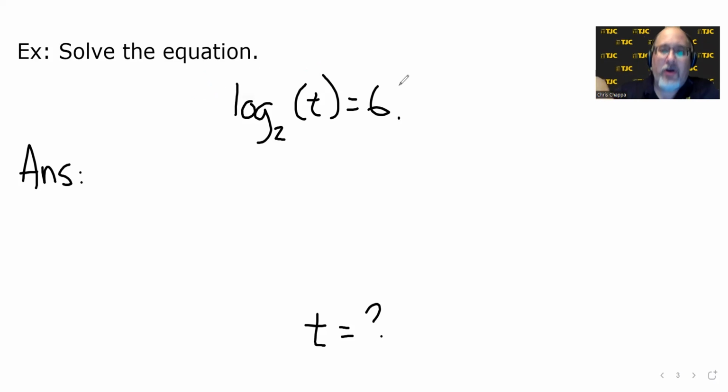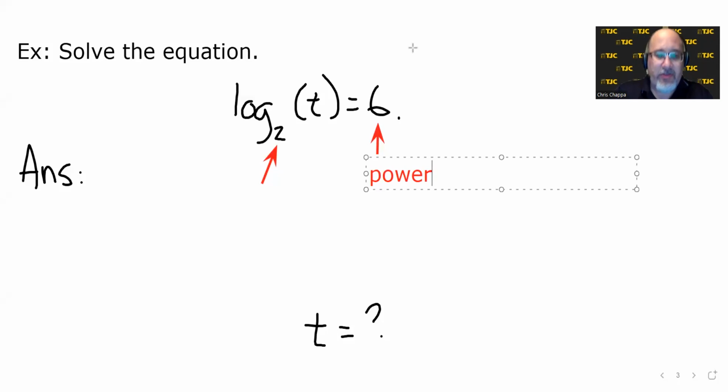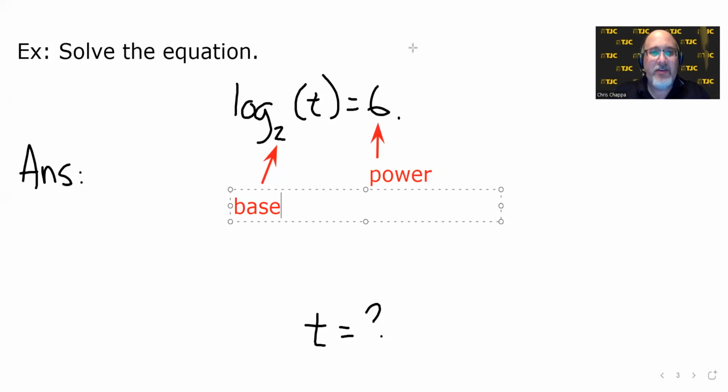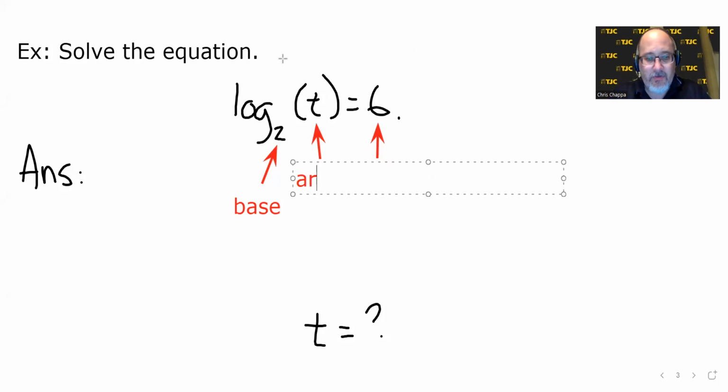Just a reminder about what all these things mean, because I haven't drawn this in a while. The answer to a logarithm is a power that turns the base into the argument. I'm not sure that's going to fit.